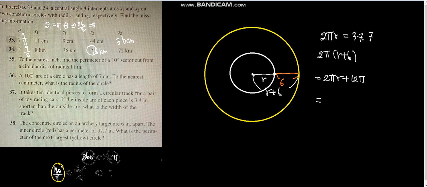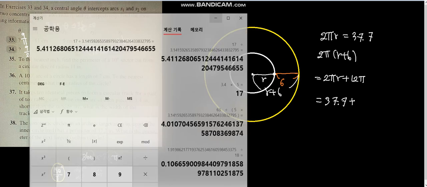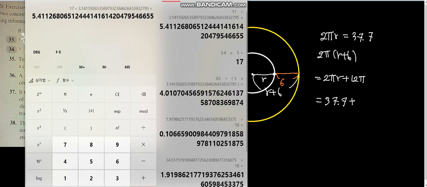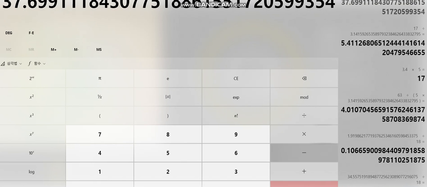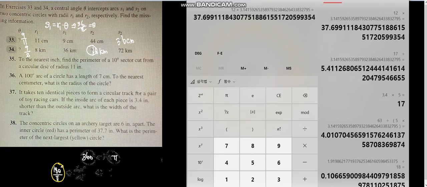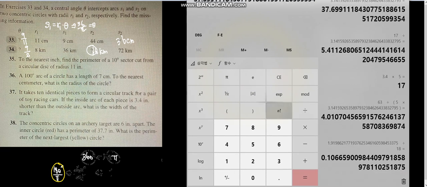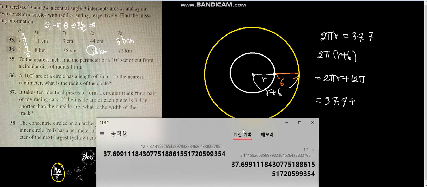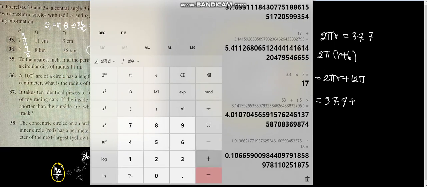We know that 2 pi r is 37.7. And then 12 pi, we need to calculate that here. So 12 times pi, then you get 37.6991, and then you need to just add 37.7.